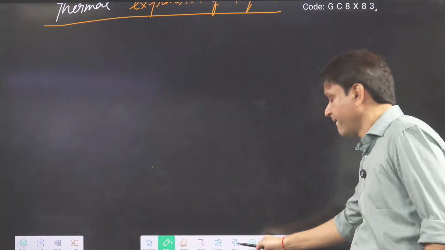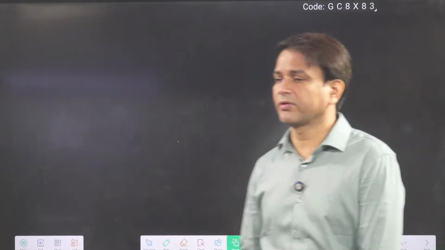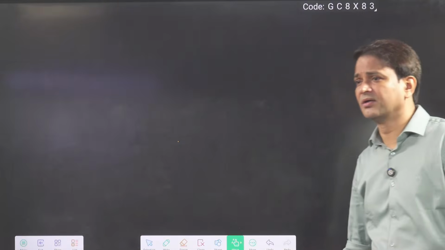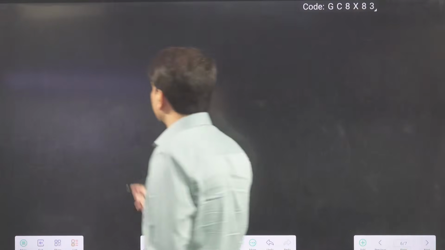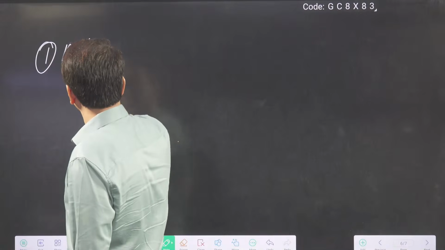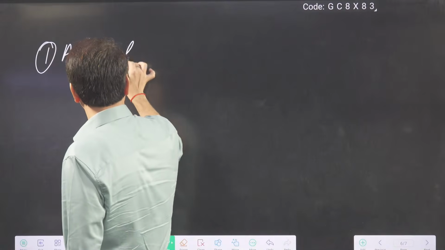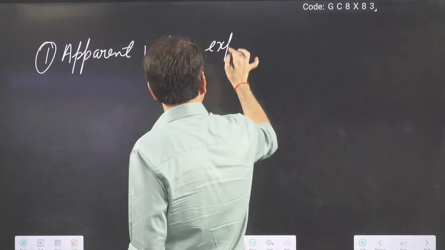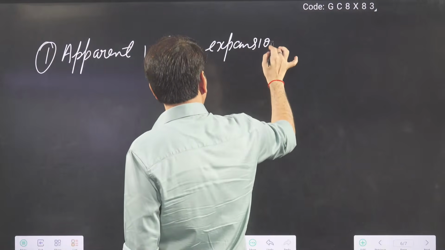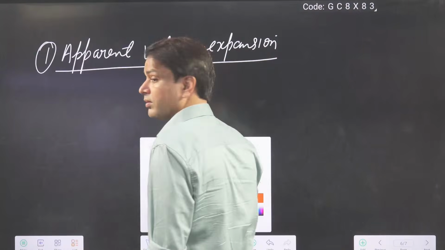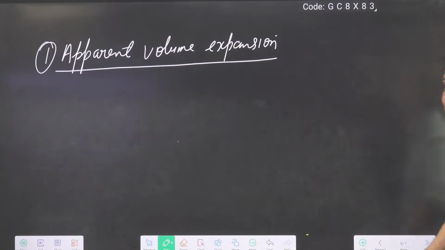Okay, everybody understood? What is the meaning of real expansion and apparent expansion? Why are we learning this real and apparent expansion? So in liquids, we are defining, number one, what is the apparent volume expansion?